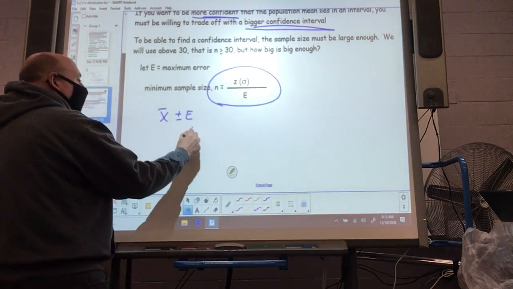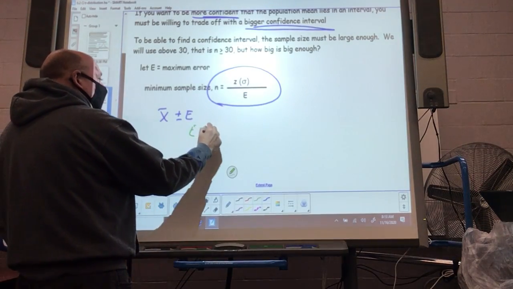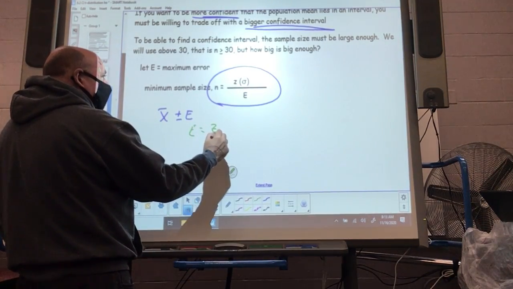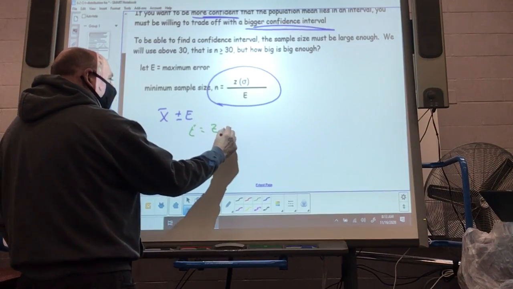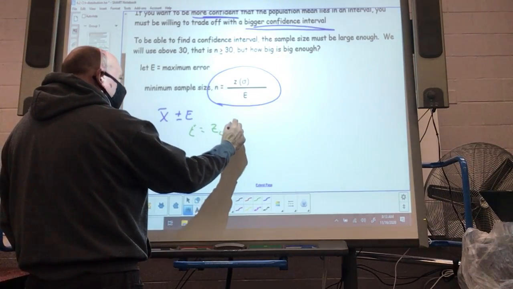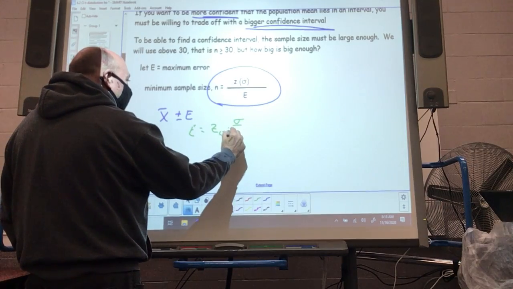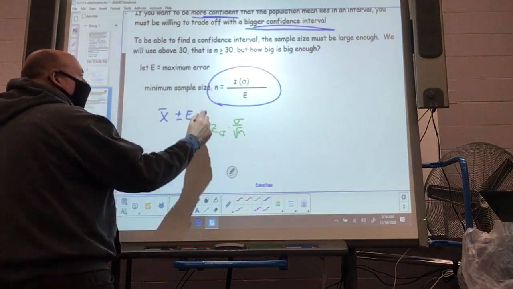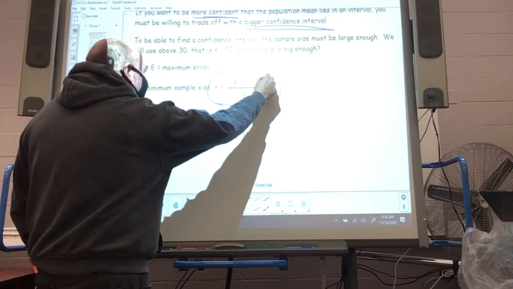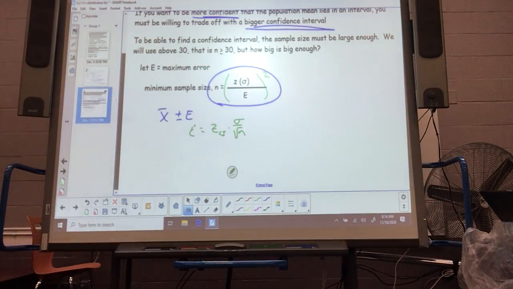This error is z for the confidence interval, times the standard deviation, divided by the square root of n. I should throw a squared in there, my bad. That should be squared with a minimum size.